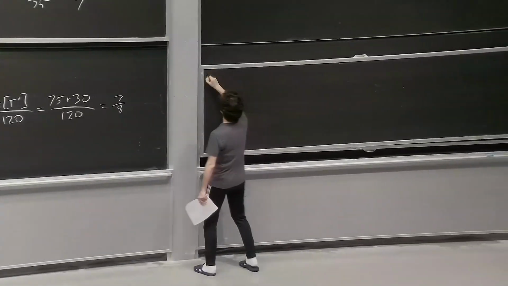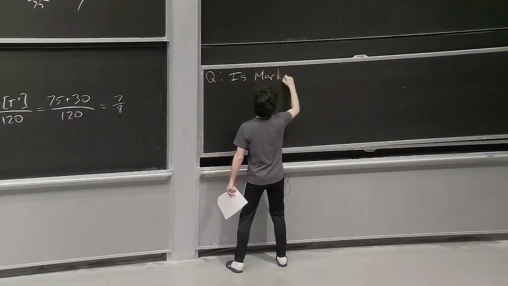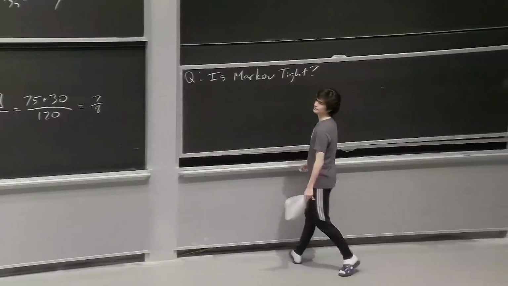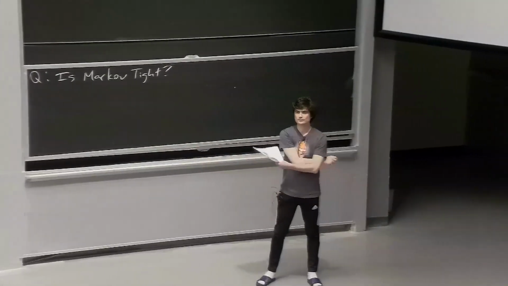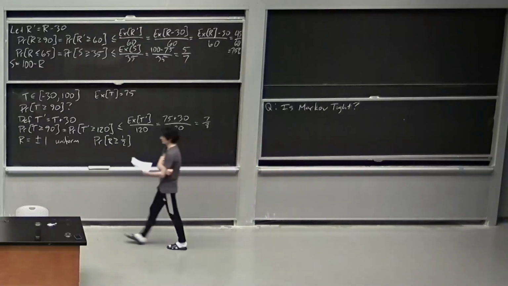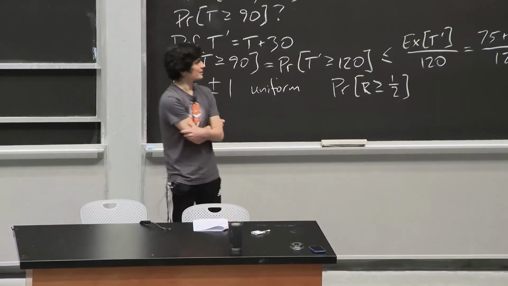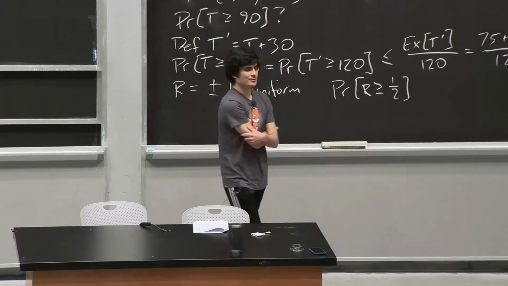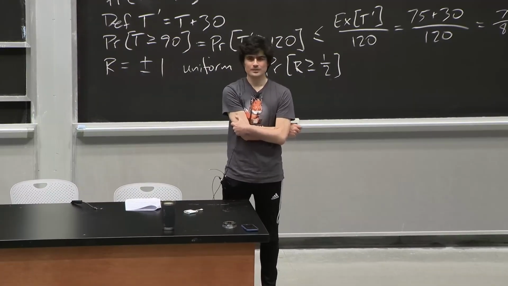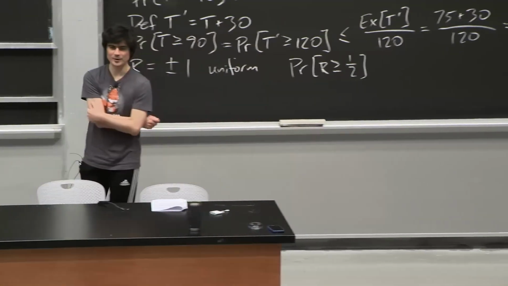So another question: is Markov tight? In other words, can we make a stronger statement than what Markov tells us, out of the tin, just with the information that we have the mean and we have a non-negative random variable?